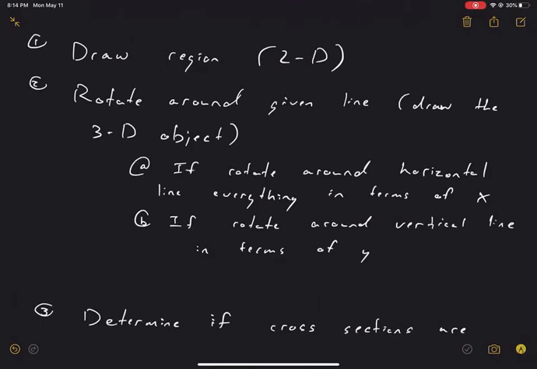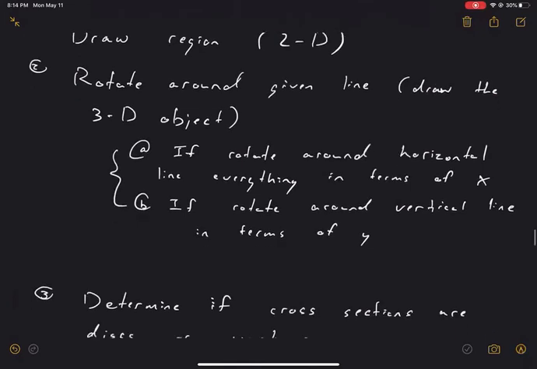I have some guidelines here that might not make sense right now, but they will in a moment. Remember that we said we could rotate our object around a horizontal line, or we could also do this for objects rotated around a vertical line.